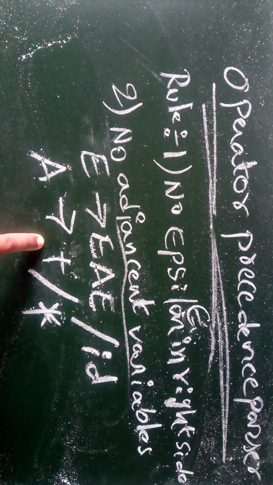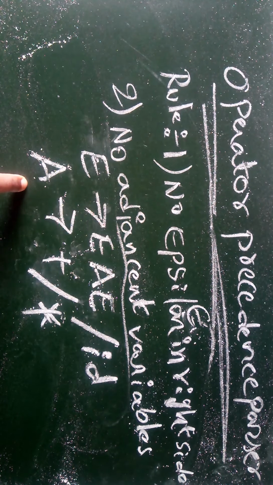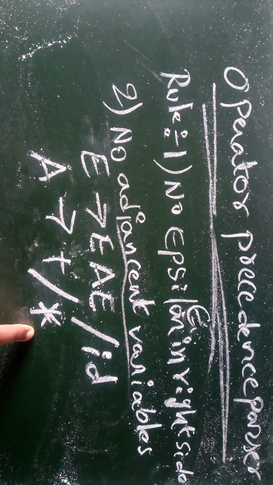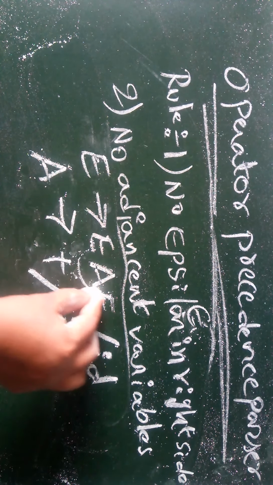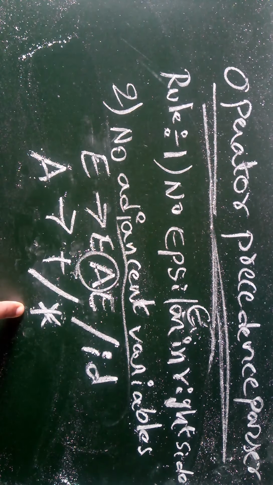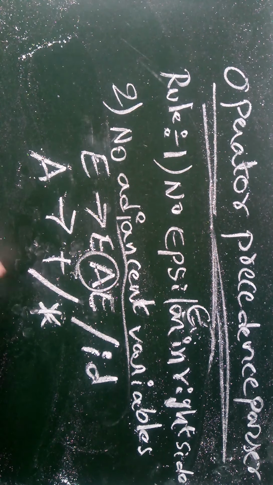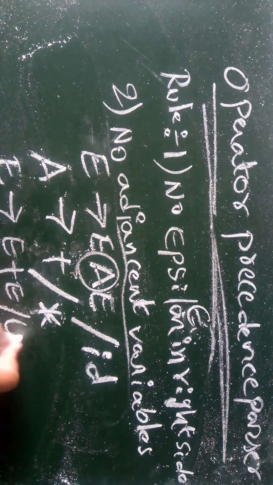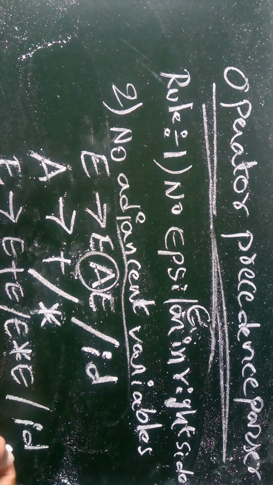Sometimes the problem has another expression like this: A producing plus and star. Here we can replace capital A with plus or star. Then it becomes E tends to E plus E or E into E or ID.